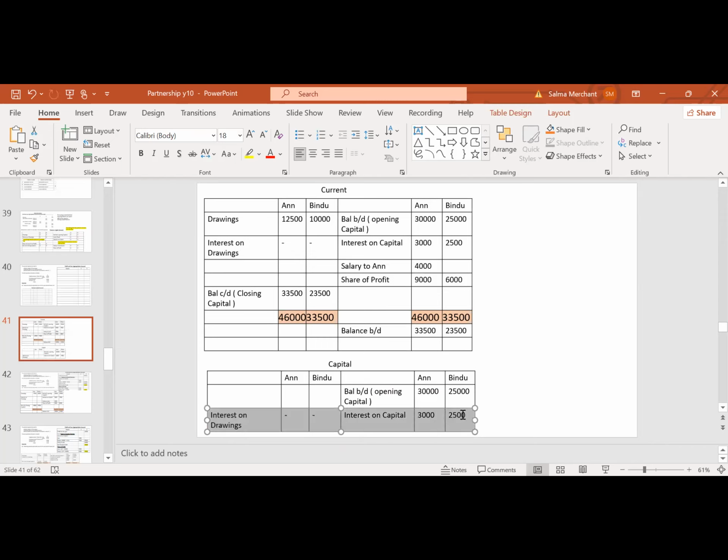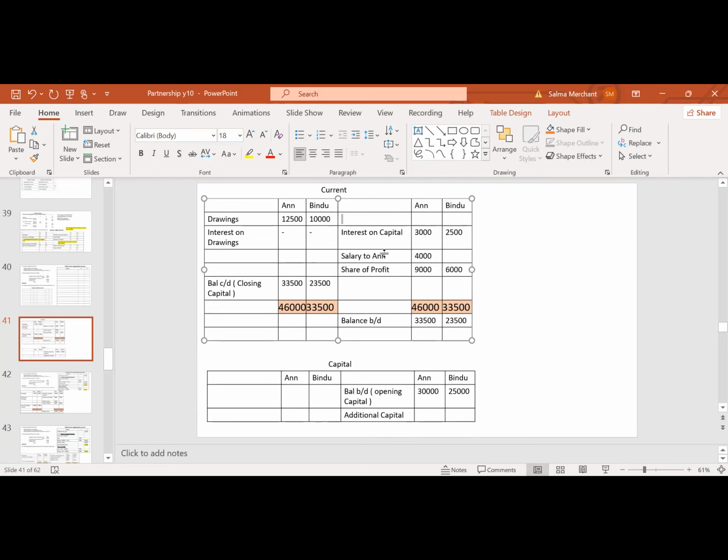Everything else means the interest on capital, salary, profit, drawings, interest on drawings. Everything will come over here.